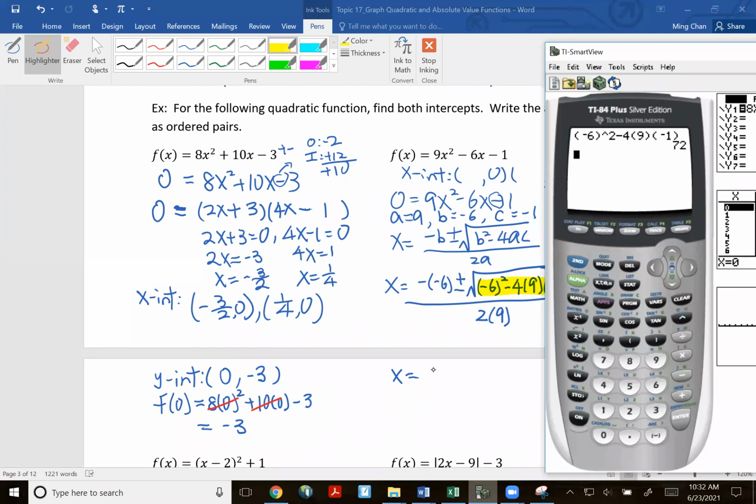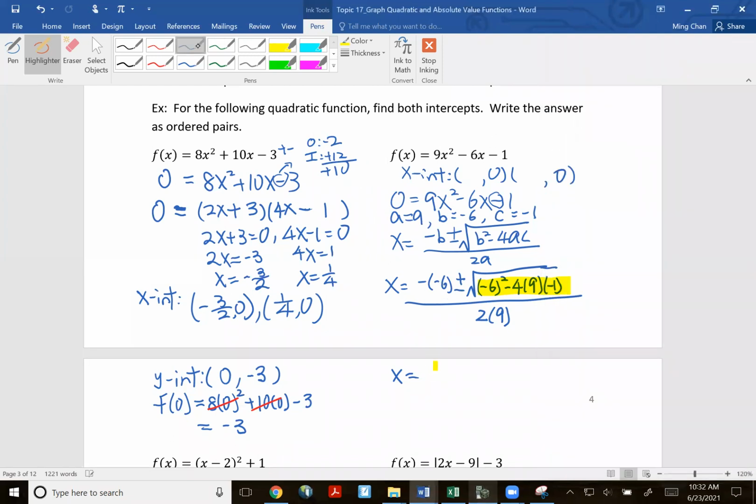So -(-6) is positive 6, plus or minus the square root of 72, whole thing over 18.